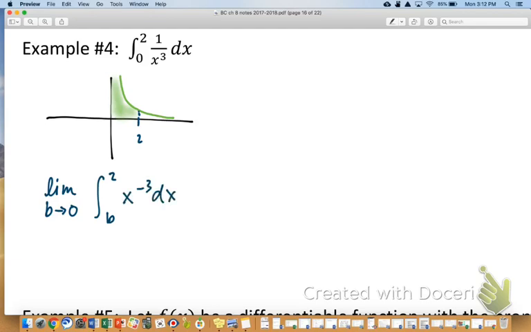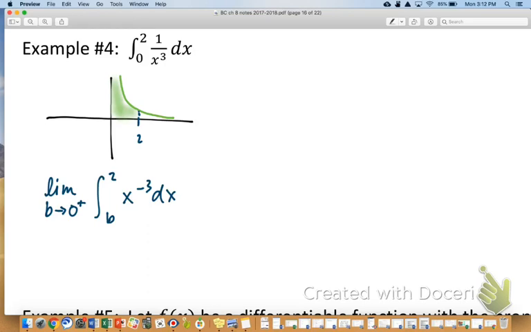I'm always going to replace the limit that has the issue with the b. And technically it should be the limit as b approaches 0 from the right, because all of our x values are to the right of 0. If we didn't put that, whatever. It's really not the end of the world, but appropriately it should be there.